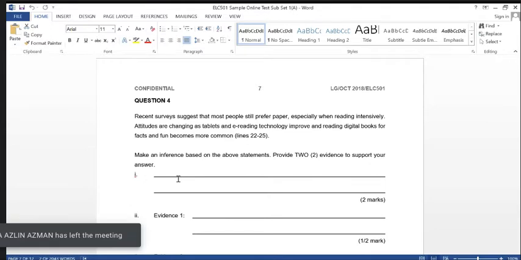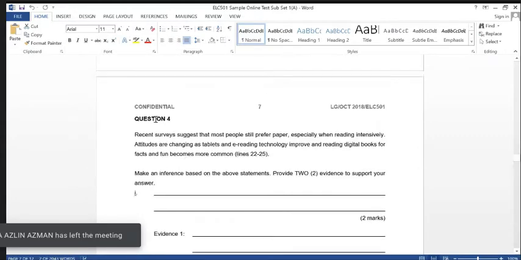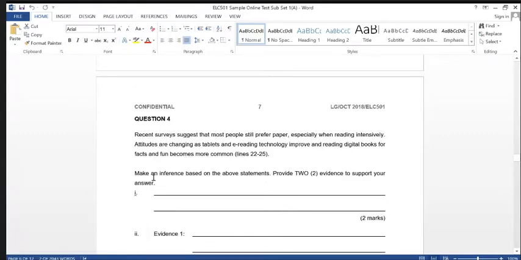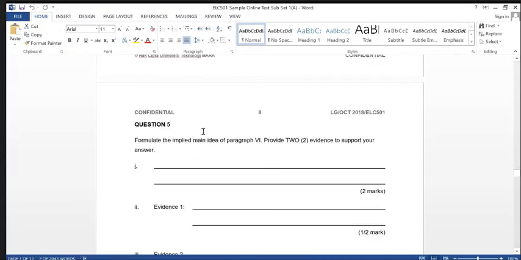Because inference is something beyond what you see and you have to write it in your own sentence. So that's another challenge that we are going to go through today. In fact, I would say this is the most challenging for students. My previous students found inference a challenging question.